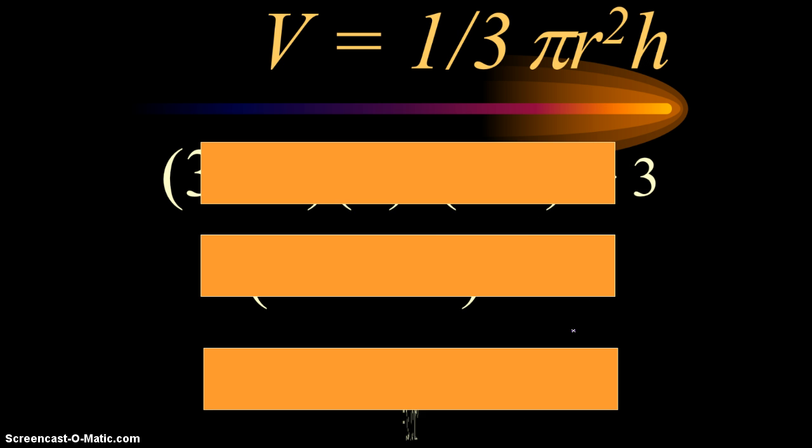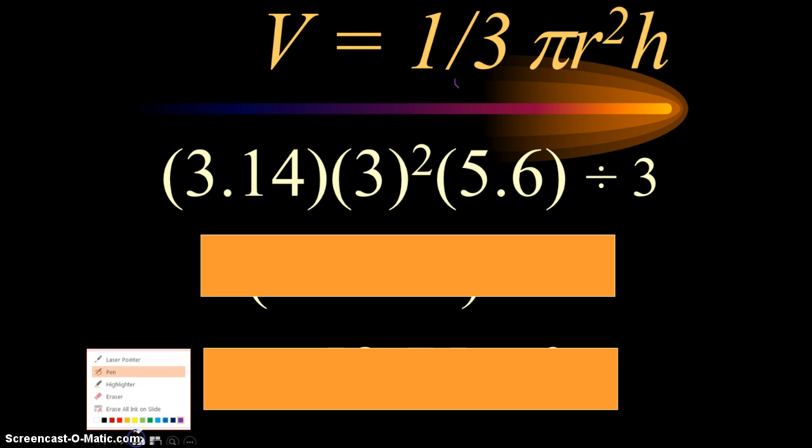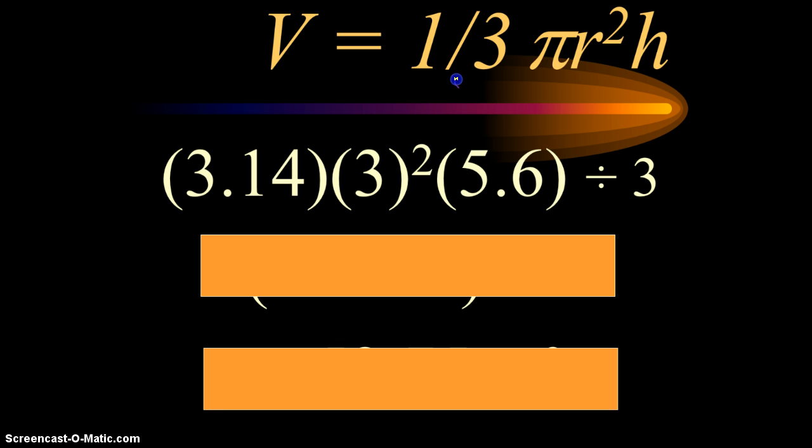Plug those values in. 1/3, that's going to come in at the end when we divide it by 3. We don't have to do it at the end. It's just so much easier on the calculator when you divide it by 3 at the end. Pi is 3.14. Our radius is 3. Just as a reminder, you are going to need to square that. And the height they gave us was 5 6/10.